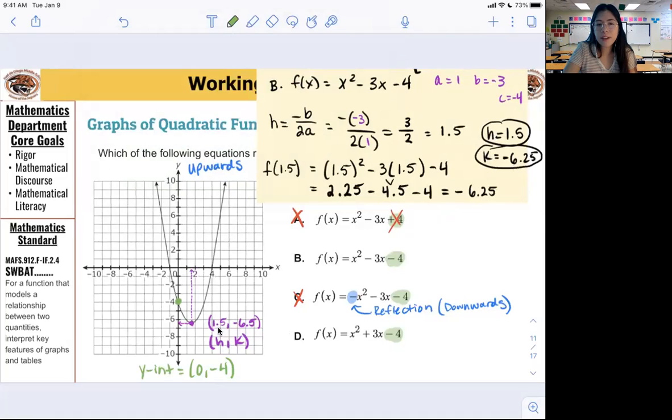Now we estimated when we chose these numbers, so it might not be perfect, but do we have a pretty good match? Yes, we do. So B is good. When you're estimating something, you might not have the exact number. So we were just looking to make sure that the two answers we got were pretty close to 1.5 and negative 6.5. So B definitely works out.